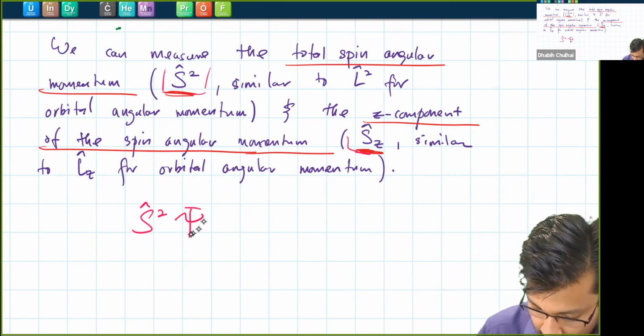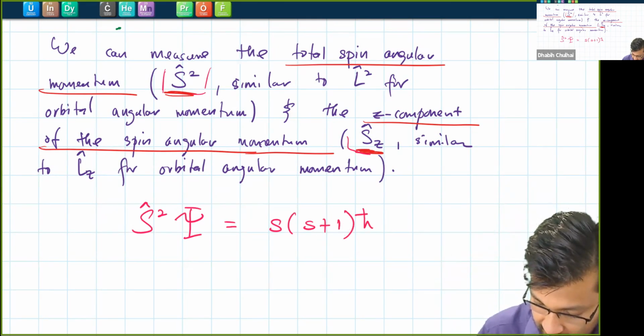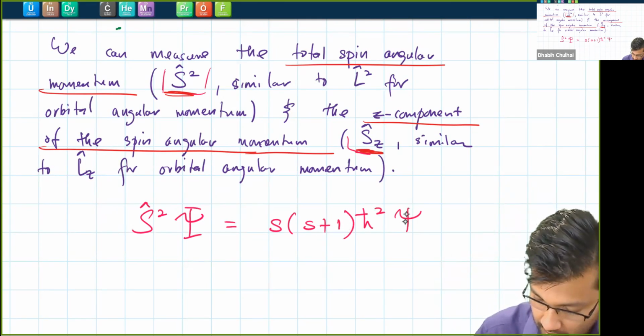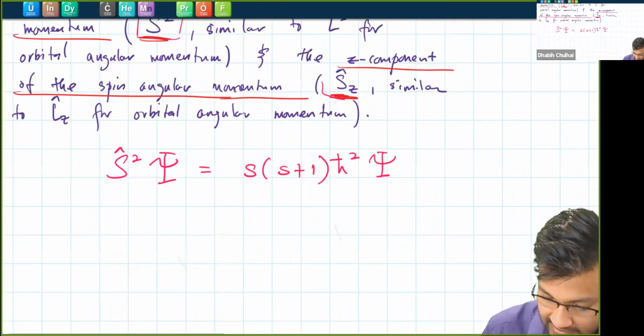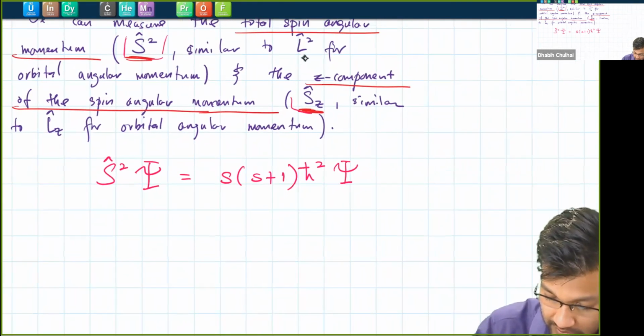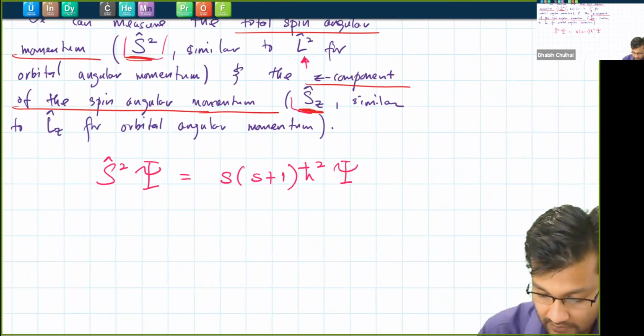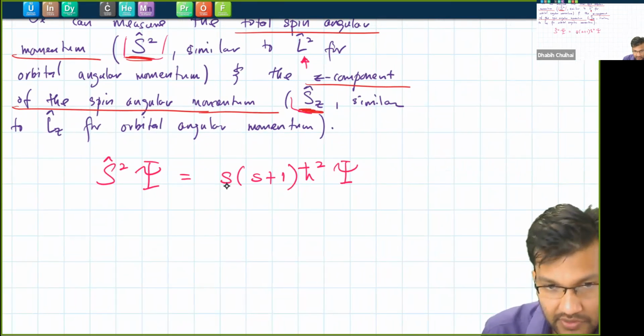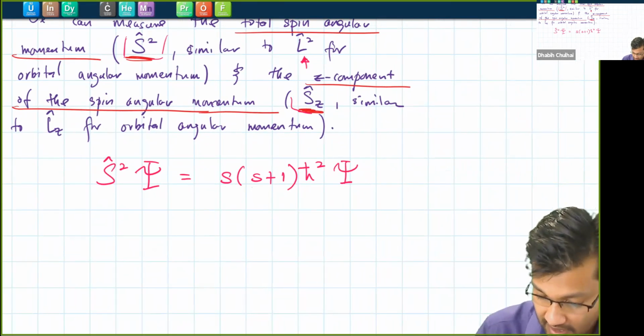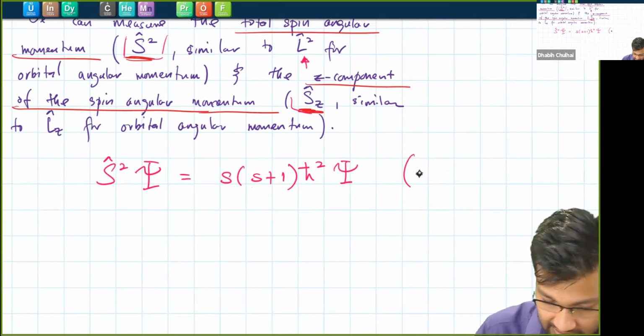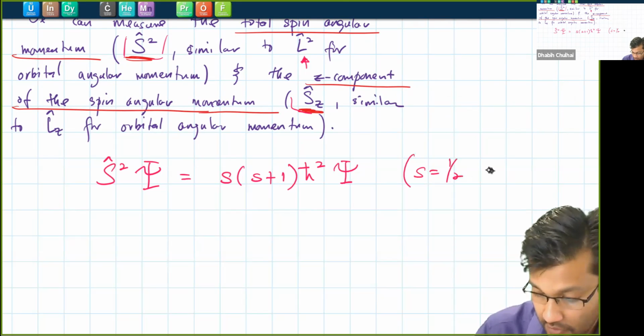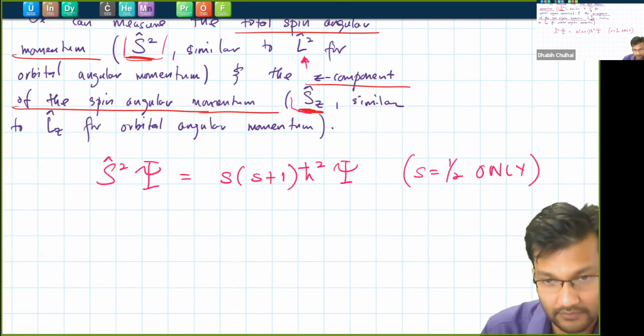we get back something that has a similar form to when we use L squared, except instead of L, we're going to use lowercase s. And we found that in this case, s is just equal to a half only, nothing else.